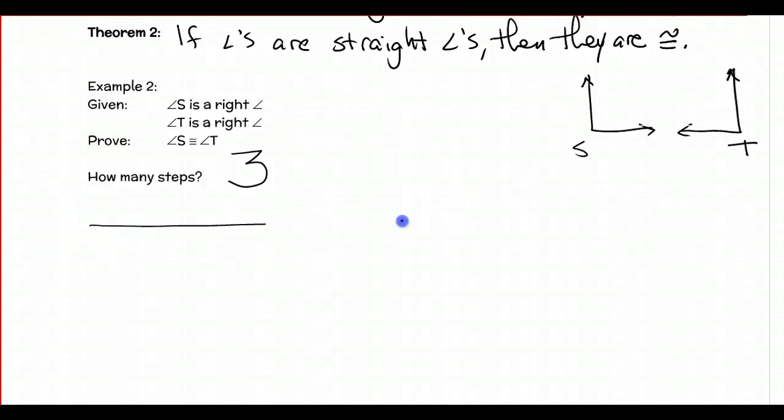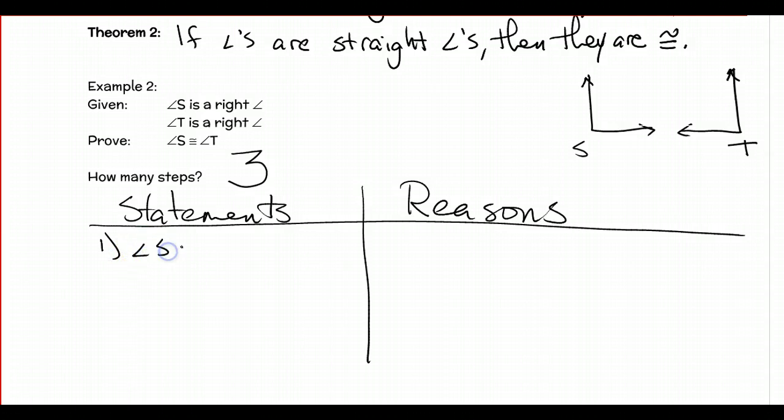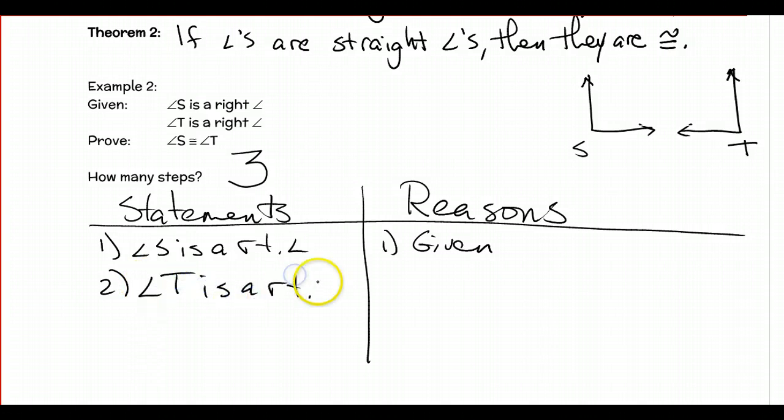So we're going to set up our statements and reasons. So here's my statements. Here's my reasons. Okay, I'm going to put my given information in the proof. So number 1, angle S is a right angle. And the reason I can put that in is that it's given to us in the problem, so we write given. Number 2, angle T is a right angle.